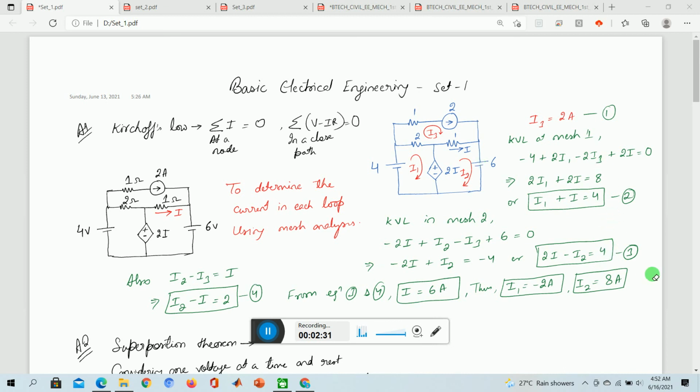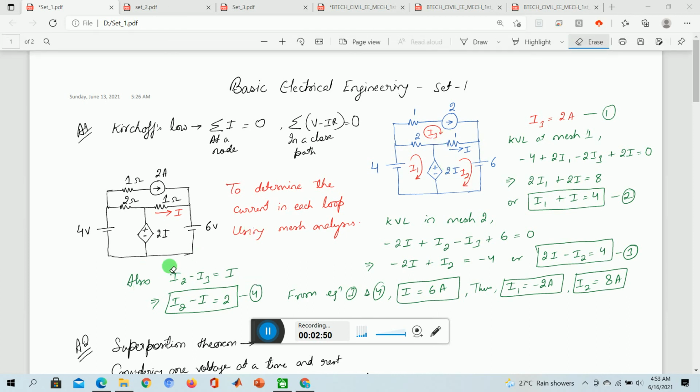Once you have all the equations, you need one more equation, because this is a dependent voltage source which depends on the current somewhere. What is the current? This is I, and this I is nothing but I2 minus I3. So we can write I2 minus I3 is the I. Using the I3 value substituted here, we get equation number 4.